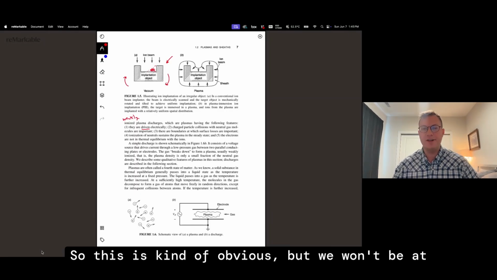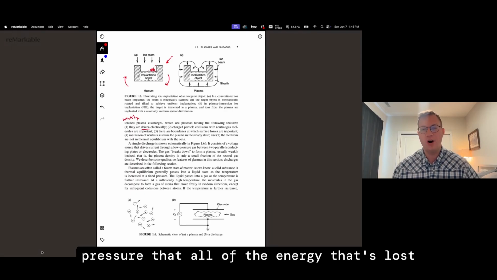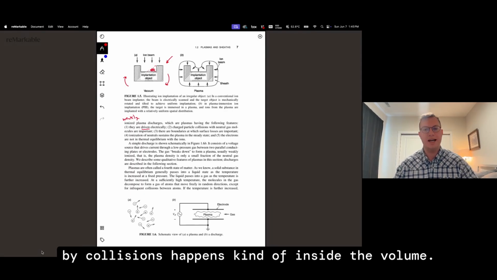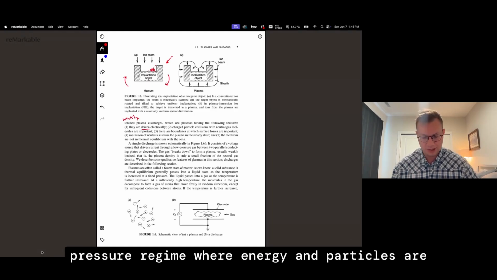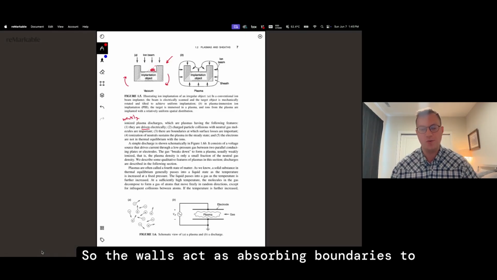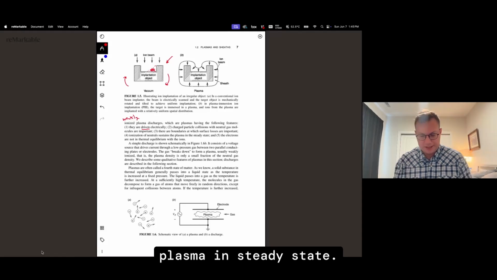So this is kind of obvious, but the alternative is to be at such high pressure that all of the energy that's lost by collisions happens kind of inside the volume. We're not going to be that high pressure. We're going to be in this somewhat lower pressure regime where energy and particles are lost to the wall. So the walls act as absorbing boundaries to these species. So 4, ionization of neutrals sustains the plasma in steady state.